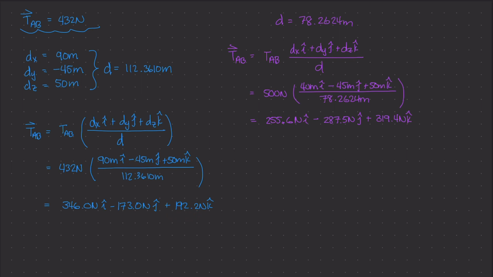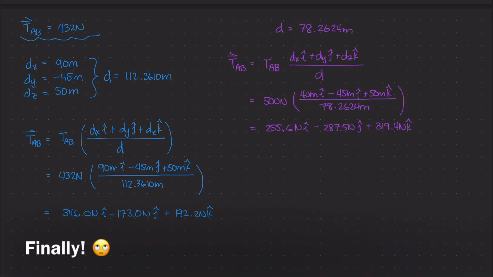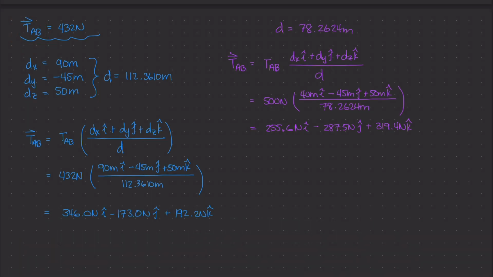So great, we figured out the three components for both TAB and TAC, and sorry, it looks like I called TAC TAB, so that's my mistake. That should all be TAC, so let me change that real quick. Just like this.